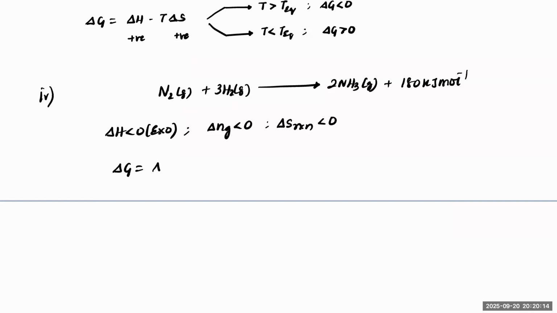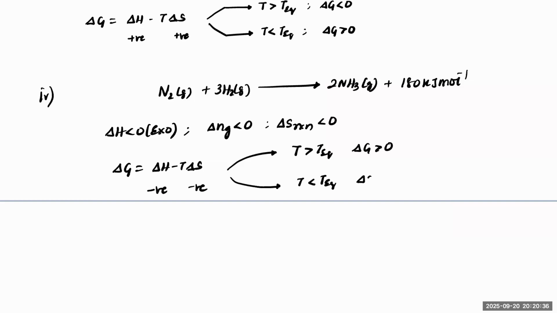And delta G, which is equal to delta H minus T delta S here, has this negative and this negative, so again it becomes conditional. If temperature exceeds an equilibrium temperature, then delta G will be positive. If temperature is less than an equilibrium temperature, then delta G will be negative.